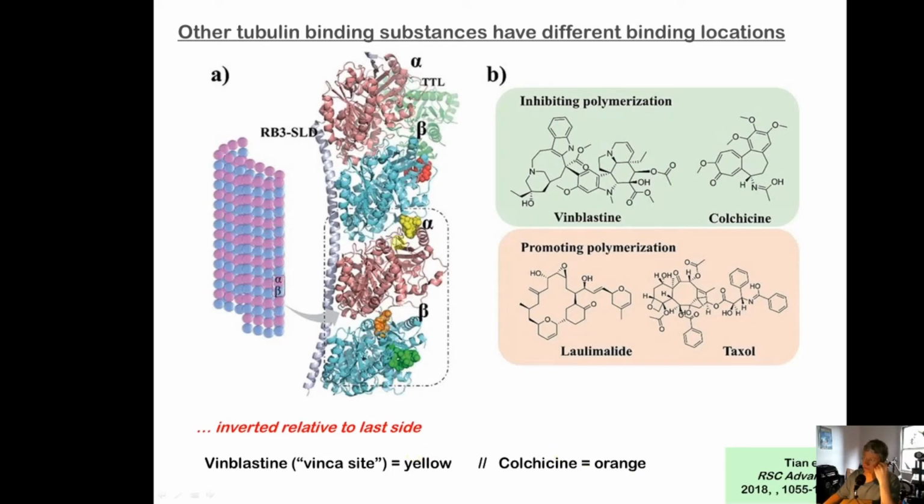These are all different binding sites for small molecules. And for molecules that promote polymerization, lolimolide is red, and Taxol is green. Where's the green one? It's right there. Okay, so different binding sites on tubulin, and these molecules seem to have different effects, but they're all cytotoxic.